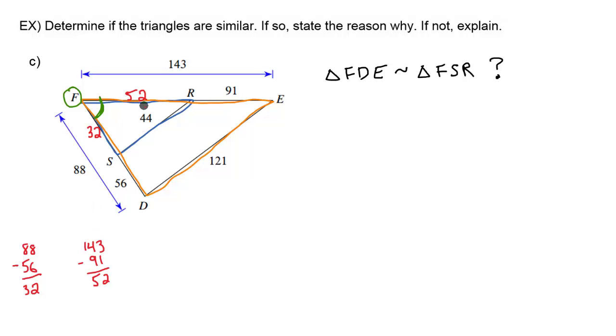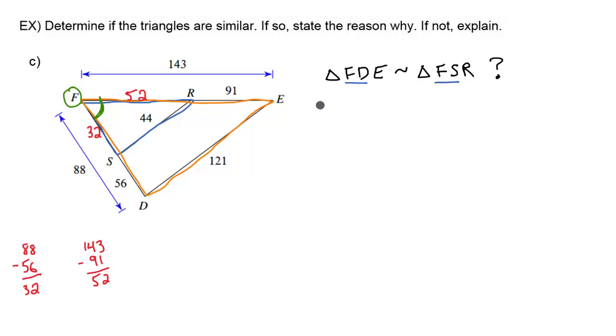Now, I believe I could use side-angle-side as well. We have 52 and then an angle and then 32, and then 143, an angle, and then 88. That would potentially be side-angle-side, but because we've done those already, let's try side-side-side. So that means we're going to match up FD and FS.